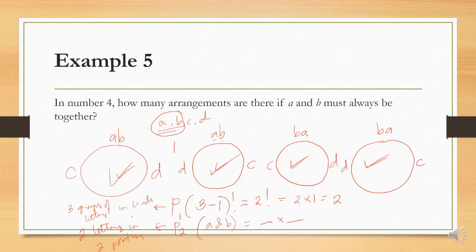Dahil i-arrange mo sila sa dalawang position, 'di ba? Pwede rito si A, pag naupo na rito si A, isa na lang ang pwedeng umupo dun sa kabila. So, 2 rin yun, no? Or this could be represented as 2 factorial din. So, ang total permutations natin is P1 times P2.